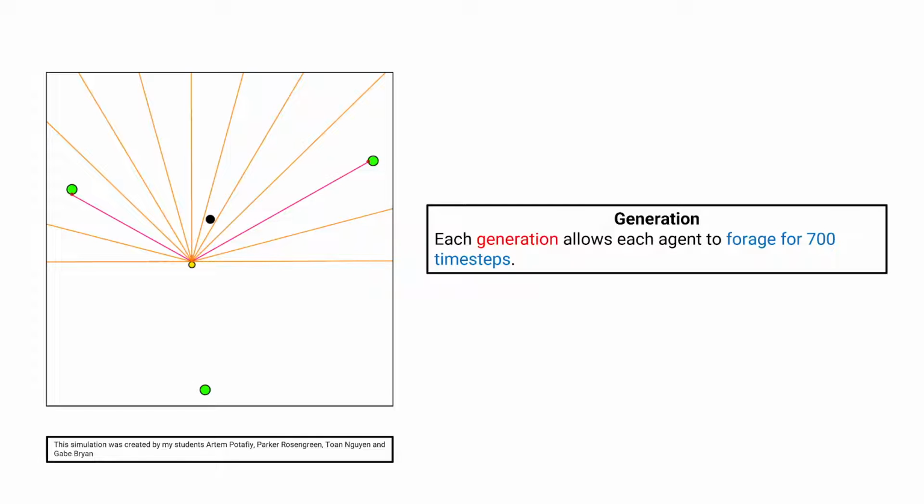Truthfully, we started with 1,000, and we were just waiting too long for our evolution. So we moved it down to 700 to appease our own eagerness. And of course, sometimes in our testing, we might reduce that even more, but that starts limiting their ability to actually eat the food and perform the task that we put them to.